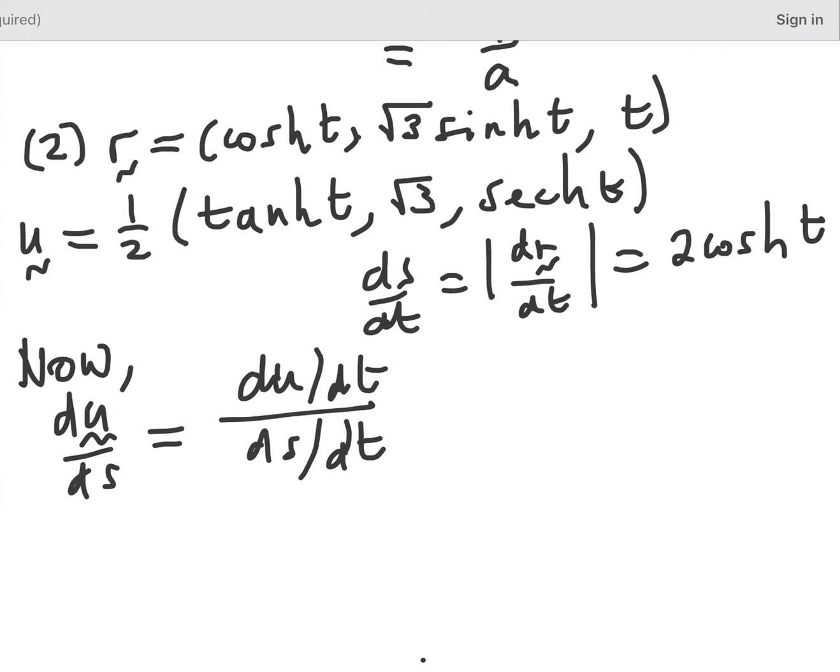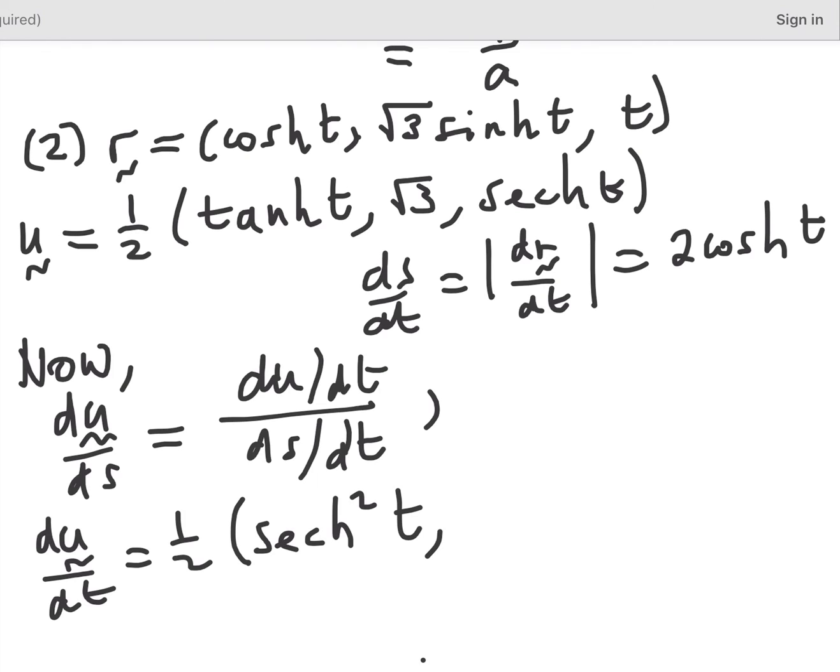For that we differentiate the function u, or the vector function u. Du dt is equal to a half into the derivative of hyperbolic tan, which is hyperbolic secant squared. Derivative of root 3 is 0, and the derivative of hyperbolic sec. Now, unlike in trigonometry, where the derivative of sec is sec tan, in hyperbolic functions the derivative of hyperbolic sec is minus hyperbolic sec tan.